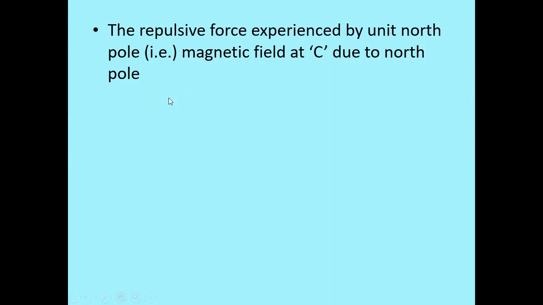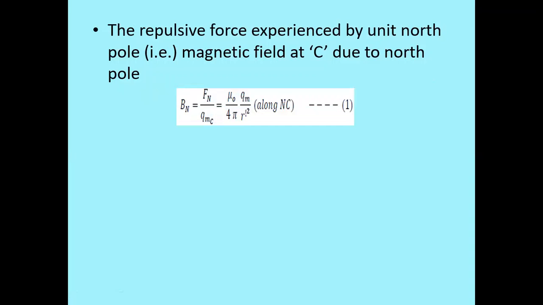The repulsive force experienced by the unit north pole is the magnetic field at C due to the north pole. Bn is equal to Fn by Qmc, that is force by pole strength. That can be written as mu 0 by 4 pi Qm by R dash square.